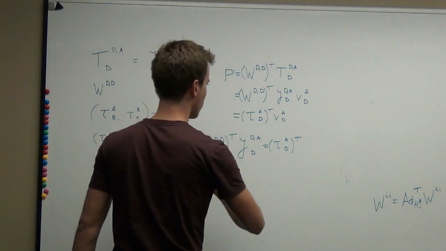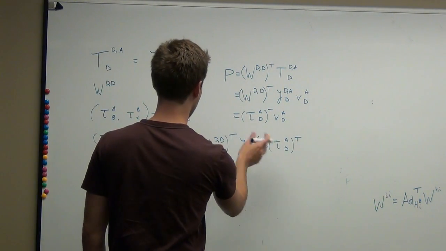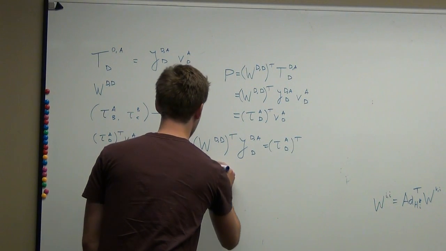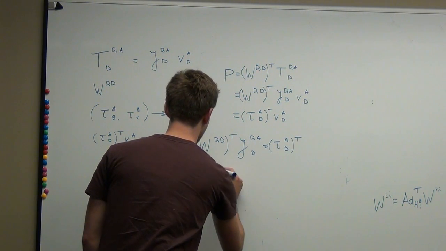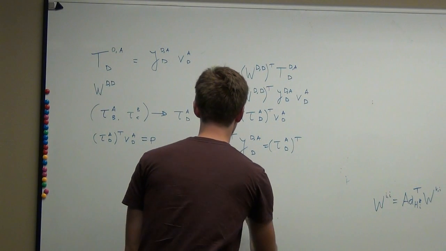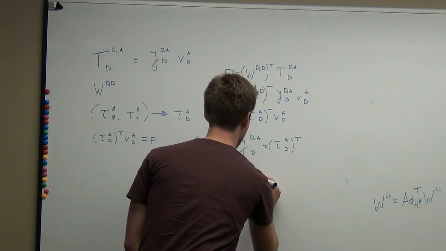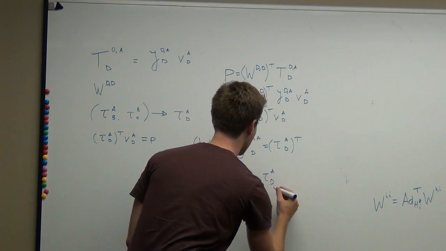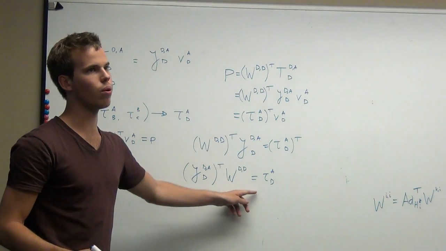And let's take the transpose of this whole equation. So again, these switch places. J D A D transpose W D D equals tau A D. So this is basically your J transpose F equals tau.